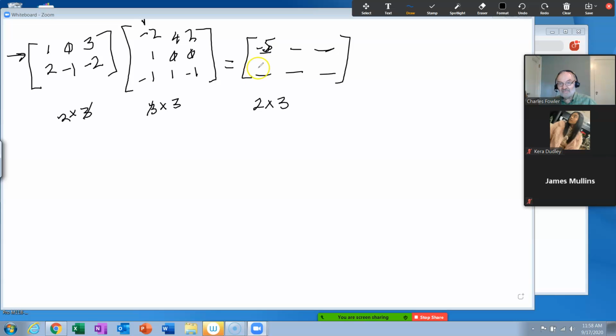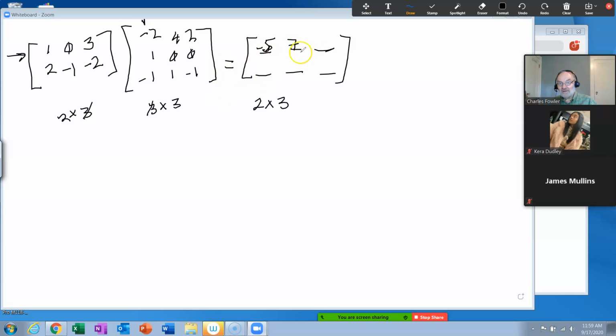The second entry here is the 1-2 entry. So we'll take still the first row here by the second column here. And that gives us a 4 plus 0 plus 3. I think that comes up being a 7.